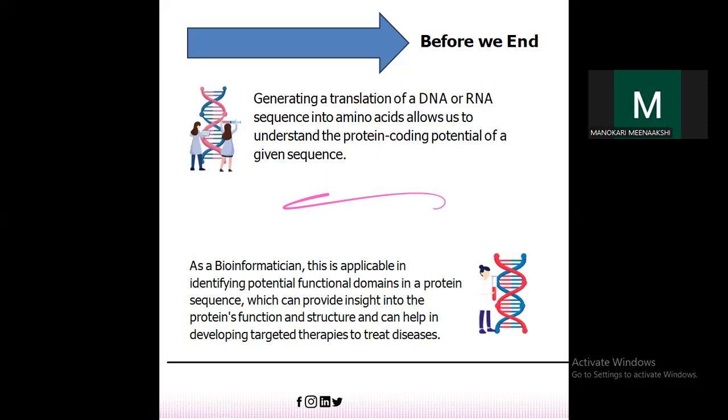You identify how translation happens from DNA transcribed into mRNA and further converted into protein. It can provide insight about protein functions and structures, and it also helps us develop targeted therapies to treat particular diseases.